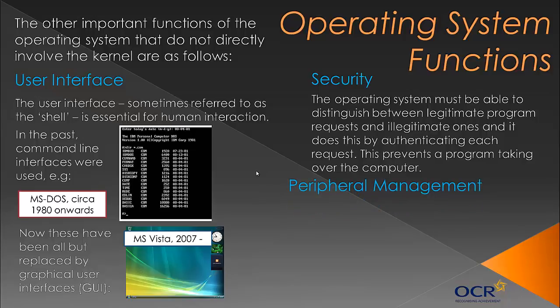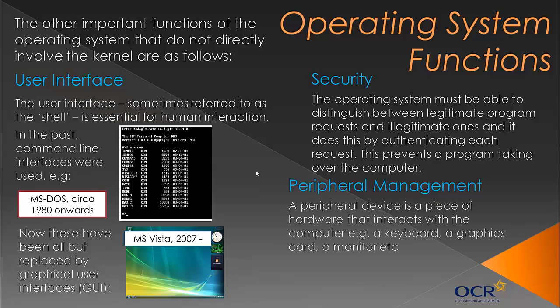So finally, the last function that you need to know about of the operating system. These are definitely not a complete list. These are probably the most basic functions that are useful to know about. So, peripheral management. A peripheral device is a piece of hardware that interacts with the computer. Examples of peripheral devices are a keyboard, a graphics card, a monitor, and the operating system's job is to make sure they work.